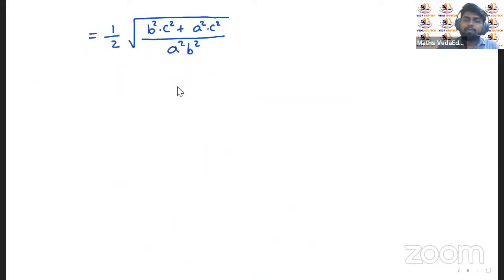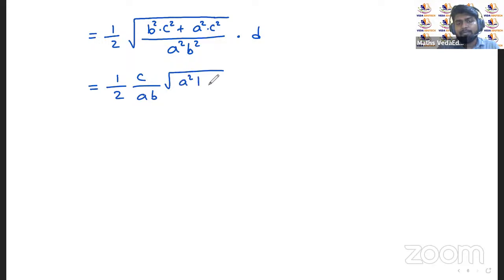Now we can take C squared upon A squared B squared common. So it will give you 1 by 2 times D, so C by A into B, square root of A squared plus B squared, into D. And this is nothing but the area of triangle PAB.